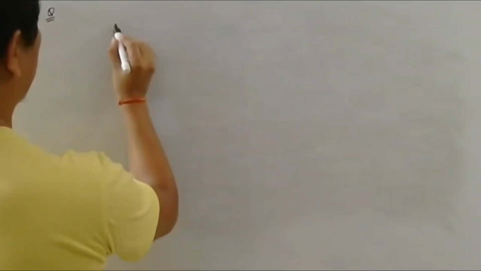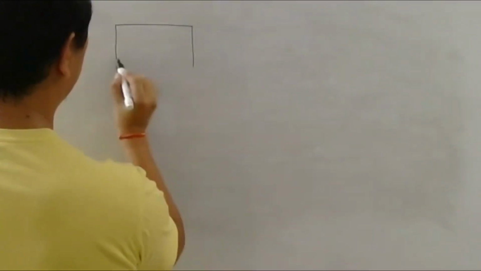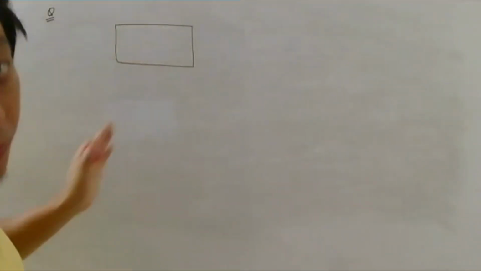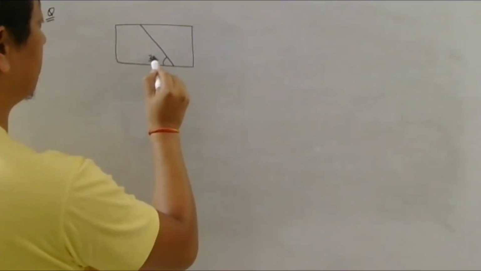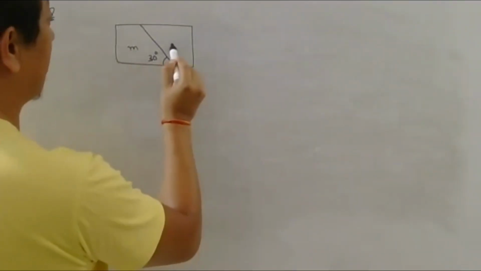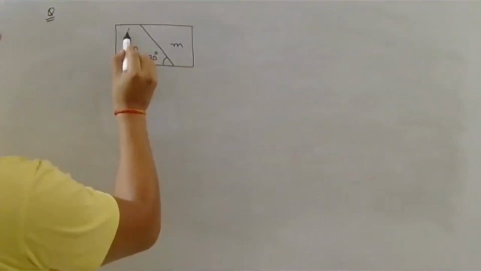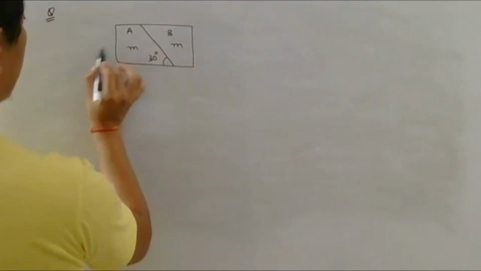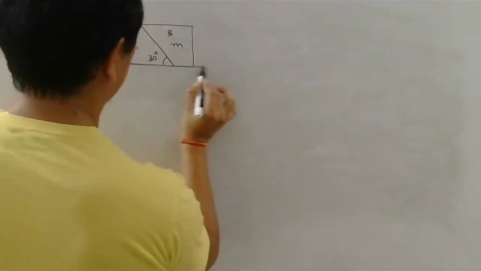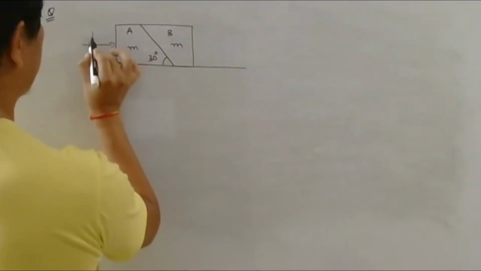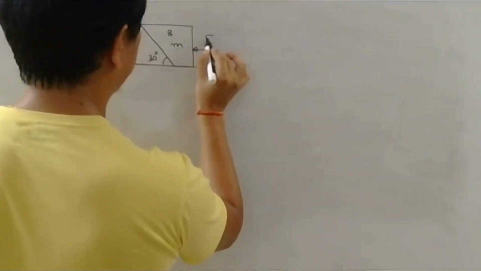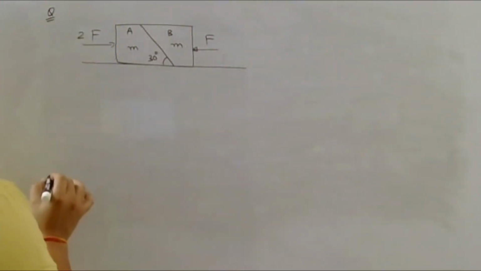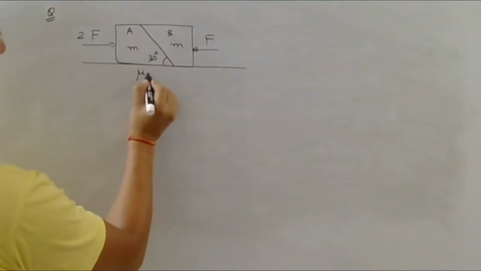So there are two blocks. Now you will say, sir, you have drawn only one block. No, actually there are two blocks like this. Both have mass m. Let us call this block A, block B. Here you are applying force 2F. Here you are applying force F. Smooth surface.